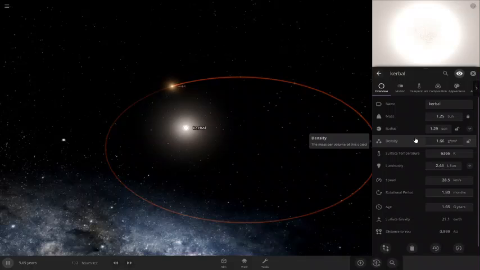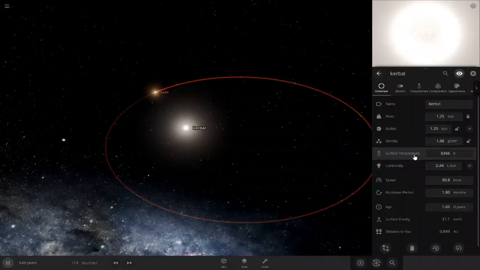Yeah, the barycenter is the center of a binary system, and it's the imaginary point where two binary objects orbit around.